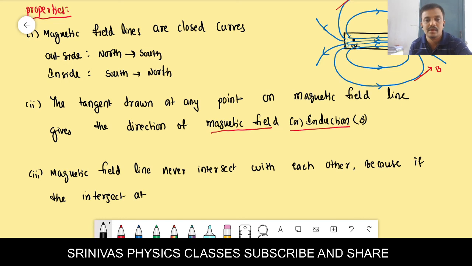Right now, you know very well. I think all the points you know previously. Magnetic field lines never intersect with each other, because if they intersect, at the intersecting point, the field should have two directions, but it is not possible.